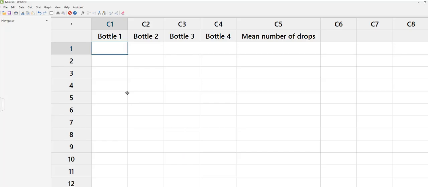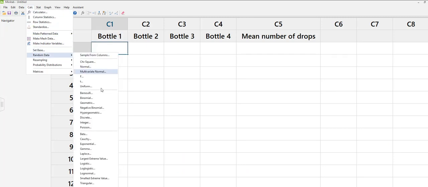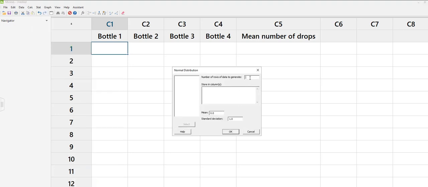In Minitab, I'm going to Calc and asking it to give me random data from a normal distribution. We get 10,000 such samples, with the samples in rows, columns 1 through 4, and the mean is 65 and the standard deviation is 2.4.